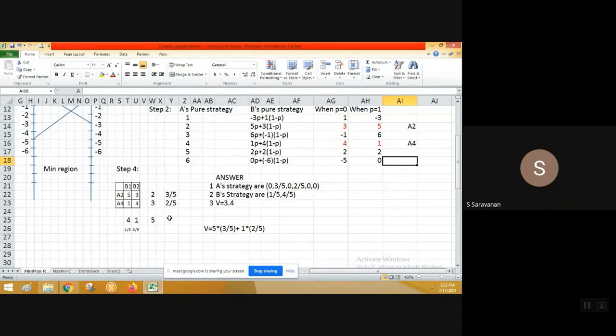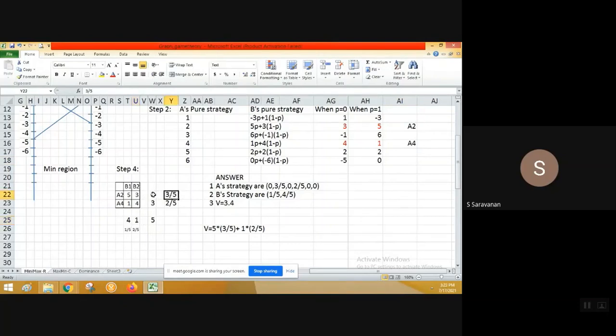The difference between 5 and 3 is 2. The difference between 1 and 4 is 3. Similarly, column-wise, the difference between 5 and 1 is 4, and the difference between 3 and 4 is 1. If you add, you will get the same answer from both sides: 2 plus 3 is 5, and 4 plus 1 is 5.